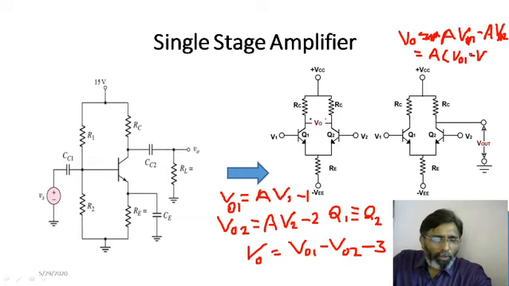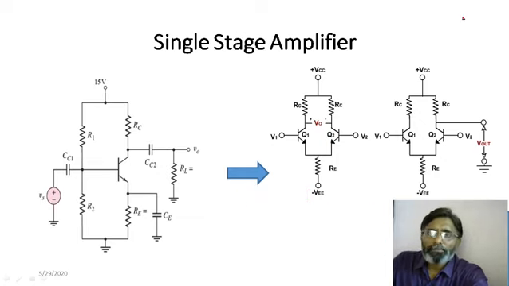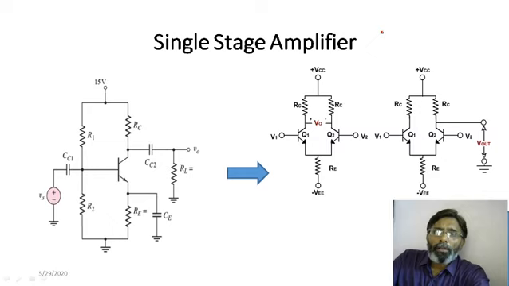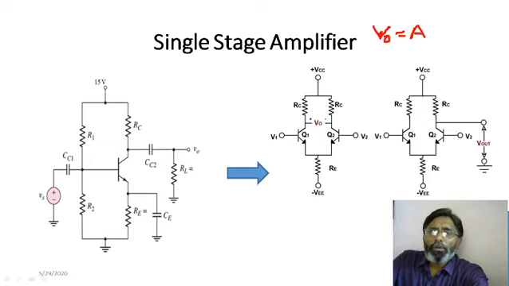So, this will be equal to, I will write this as VO is equal to A into V1 minus A into V2 from equation number 1 and 2. So, this will be equal to A into V1 minus V2.